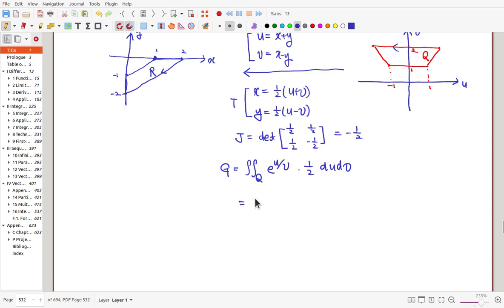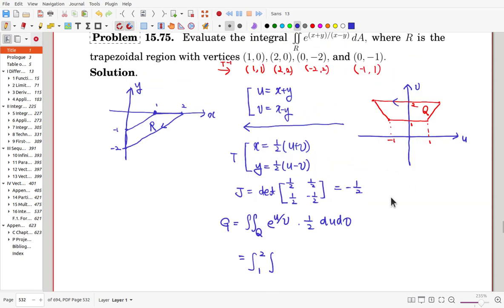So that is from 1 to 2 for v, and for u we have to figure out the bottom u and top u. Okay, v is moving from here to there. For each v, bottom u is this one and top u is that one.